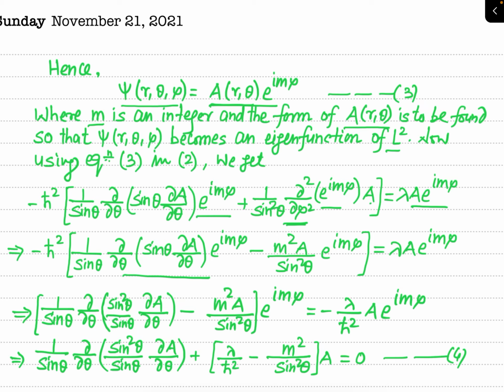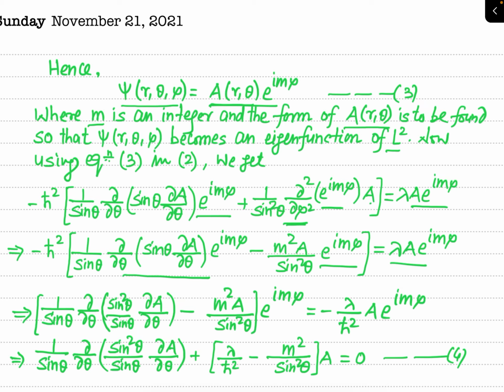And after differentiating e raised to the power i m phi 2 times with respect to phi, you will get minus m square e raised to the power i m phi. So the second term is now minus m square a over sine square theta e raised to the power i m phi. And the RHS is as it is, as you can see here.